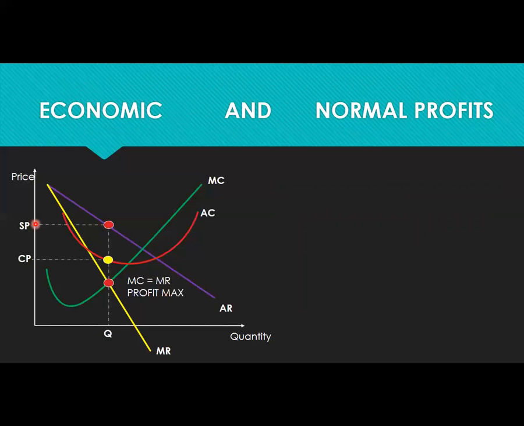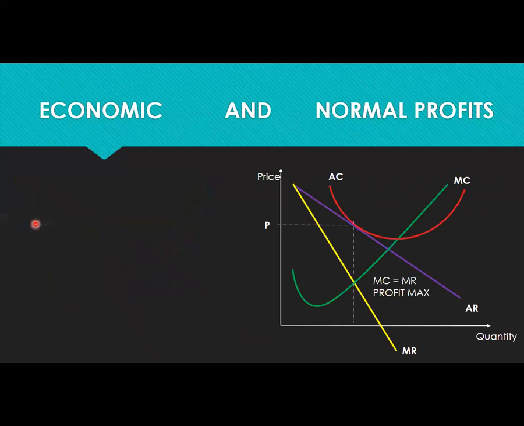Let's look at our normal profit. Now over here, we still start with our profit maximization point, where MC equals MR. That is not our selling price, so we extend the line upwards until we reach our AR curve. This is the price at which we sell our product. And evidently, at this quantity, this is also the cost of producing this amount of the product.